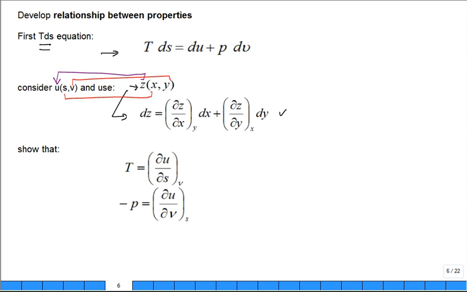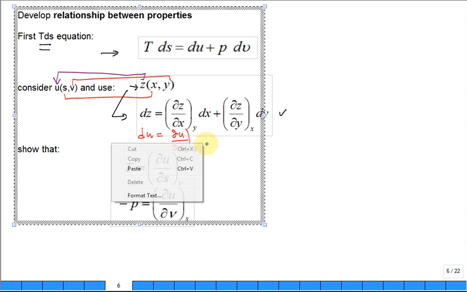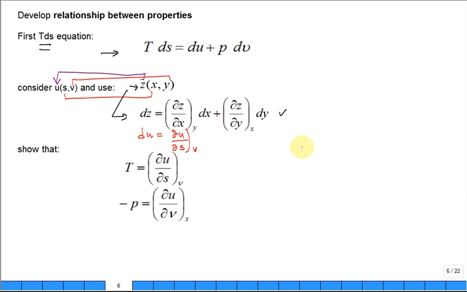And so what we find is that because U can be expressed as a function of S and V, you find that dU is equal to the rate of change of U with respect to S, holding V constant, times dS, plus the rate of change of U with respect to V, holding S constant, times dV.